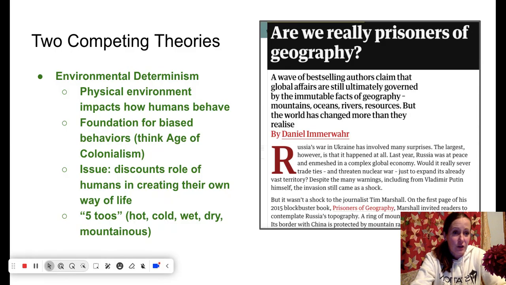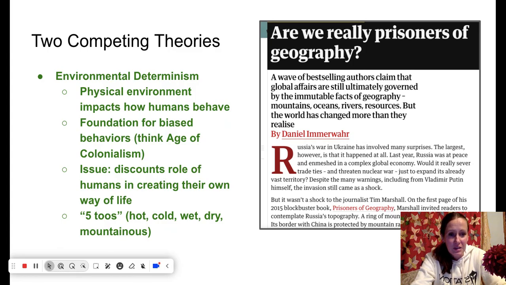So think of the age of colonialism, right? Colonizing a lot of areas in the tropics, let's say, or in warmer climates, and archipelagos where the land was difficult to use compared to others.